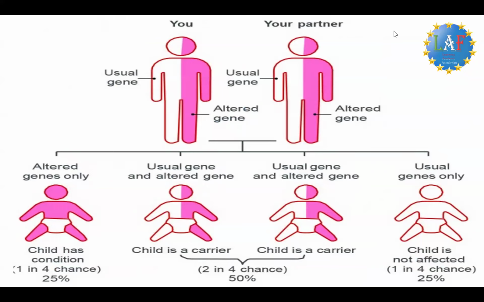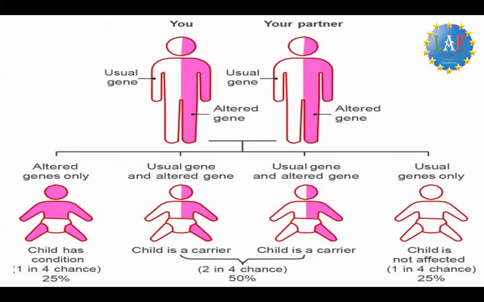Cystic fibrosis is caused by a recessive allele. Both parents must carry it for a child to be affected. For example, if you have a usual gene and an altered gene, like your partner, we will have a 25% chance of a child that has the condition with altered genes only. So 1 in 4 chance. And 50% will be carrier children that have a usual gene and an altered gene, the same as each parent.